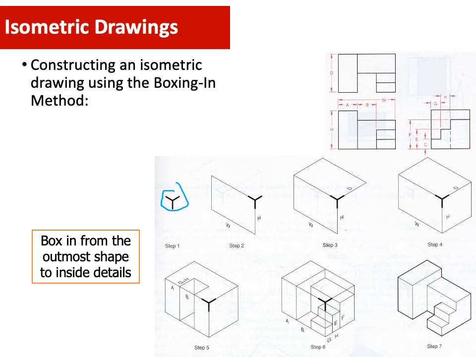For the isometric, you have these three axes, and then you have a box shape, which means you have a front view, a top view, and a side view. From this box shape, later you can put more and more details in step by step. Then you can delete all the unwanted lines.